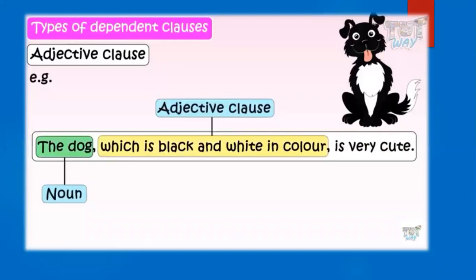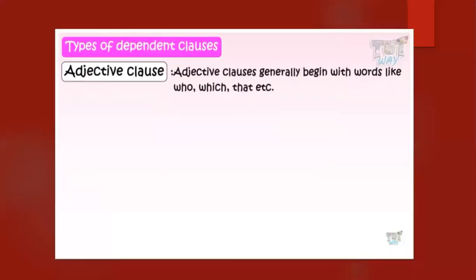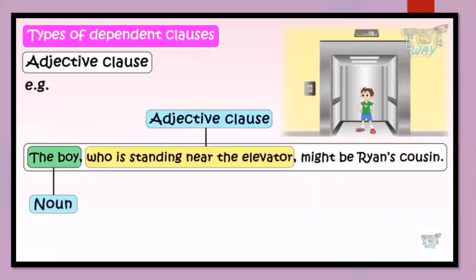One more example we can see. The dog, which is black and white in color, is very cute. So the dog is the noun and it is modified by which is black and white in color. So this is the adjective clause. So adjective clauses generally begin with words like who, which, that, etc. One more example we can see.